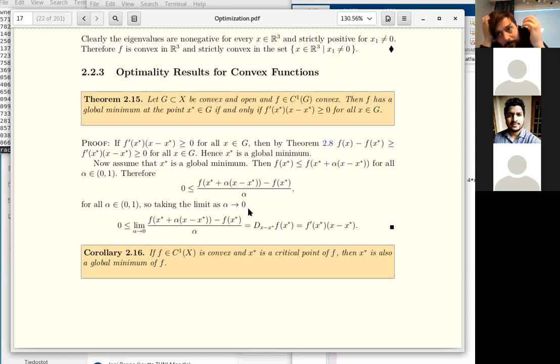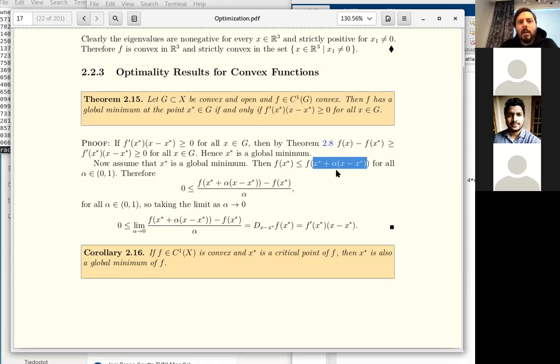On the other hand, let's assume that it's a global minimum. Maybe there's a point that doesn't satisfy this, or maybe there isn't. Let's see. Let's say that we have a global minimum. It means that whenever we try to move anywhere from x star, the value is not smaller than at any point.